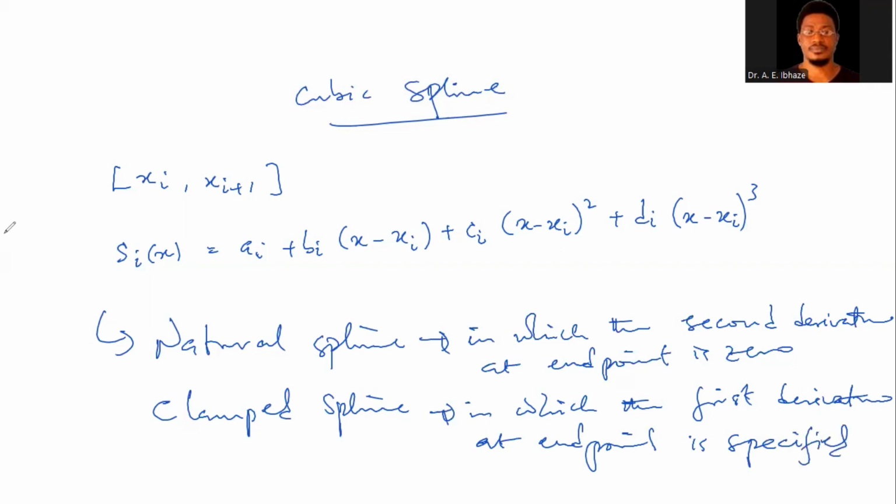So if we consider the same example, that is, given the points 1, 1, then 2, 4, and then 3, 9, we are expected to evaluate the cubic spline S of x, which satisfies the interpolation conditions. But it should be noted that for the cubic spline, the following conditions must be satisfied.